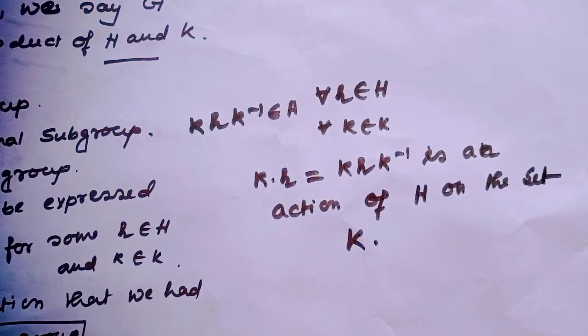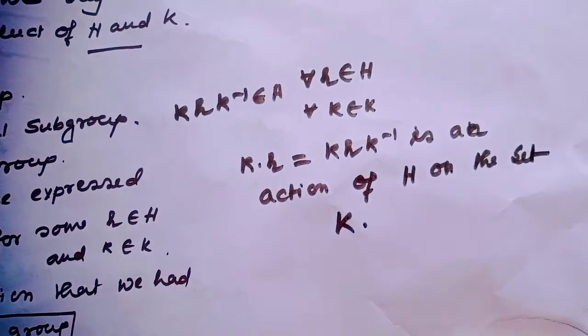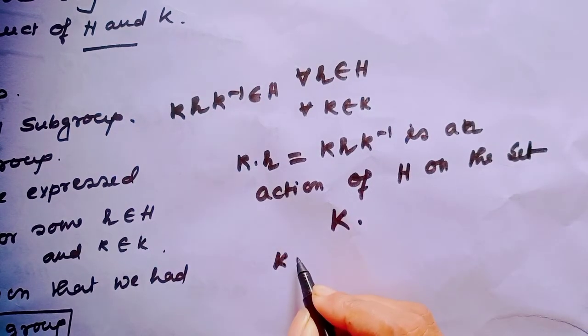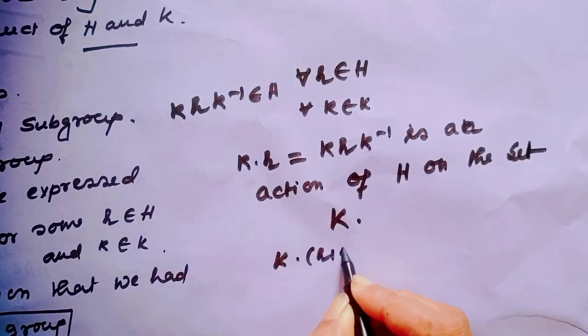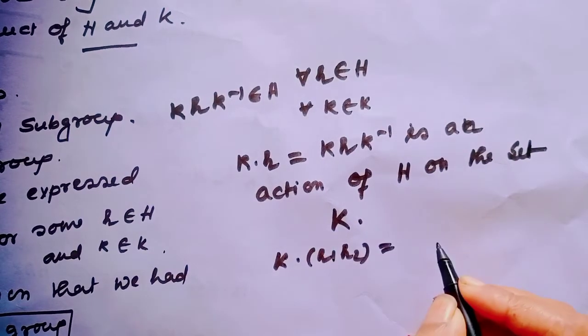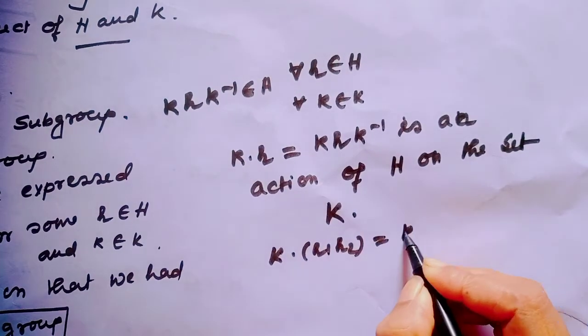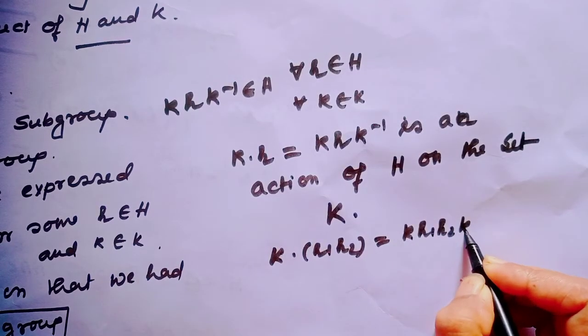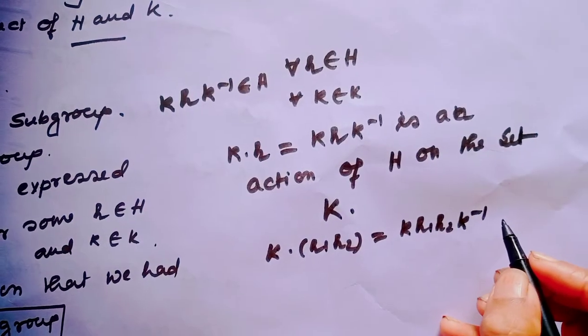And this is not only a group action on the set, it is also an action considered k dot h1 h2, and this is equal to k h1 h2 k inverse. Okay?